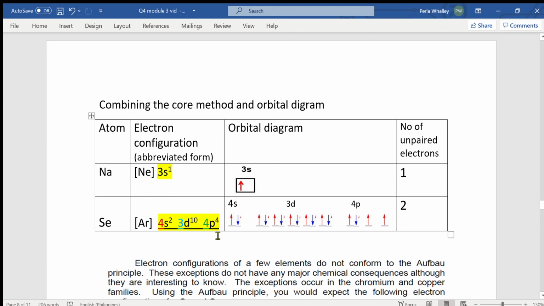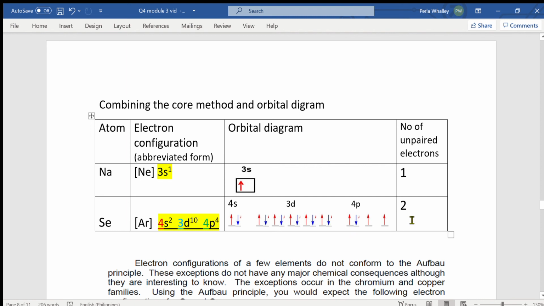And remember that each orbital can only hold 2 electrons with opposite spins. For 4p, there are 4 electrons. So arrow up, arrow up, arrow up, and then it will pair here. Arrow down. Number of unpaired electrons, 2.